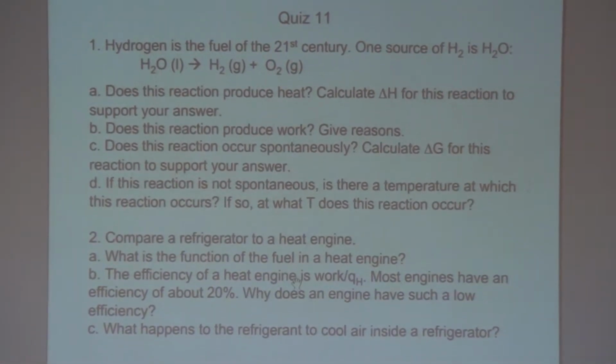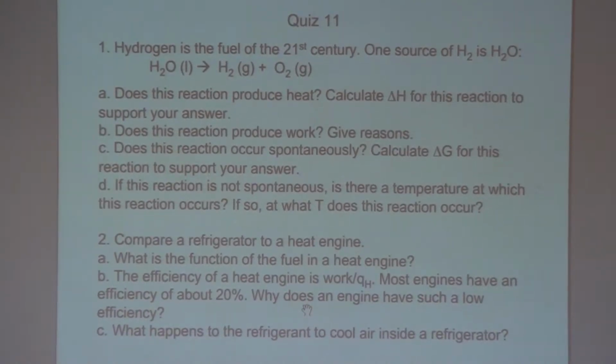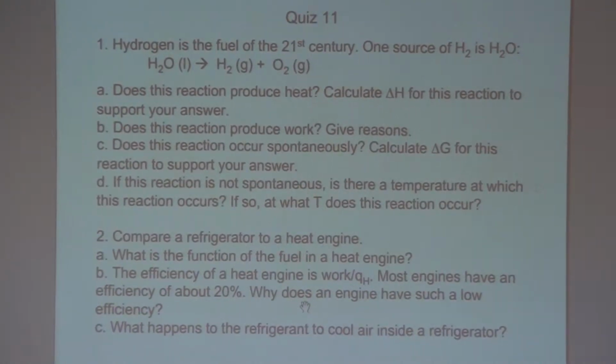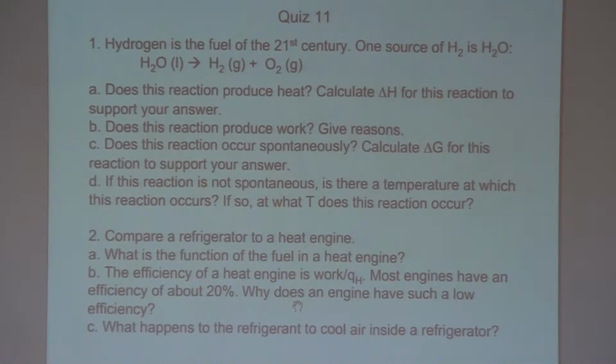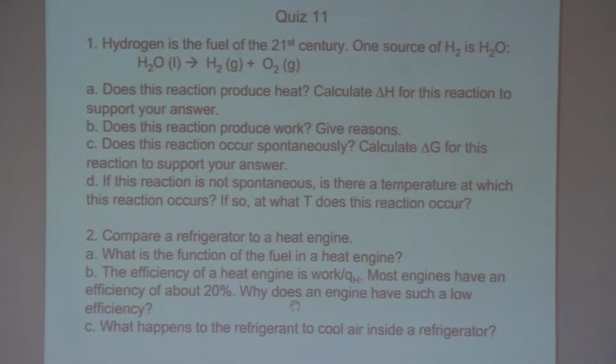The efficiency is work divided by QH. Why does an engine have such a low efficiency? If we look at those thermodynamic quantities, what thermodynamic quantity are you looking at in Part B? Delta S. So is delta S greater than 0 or less than 0 in a heat engine? In other words, what does delta S tell you about the efficiency of the heat engine?